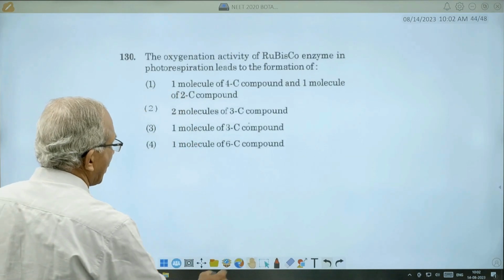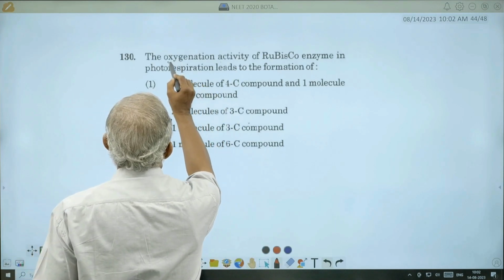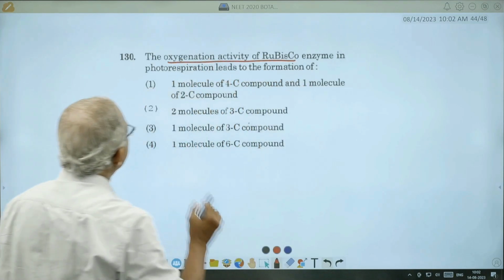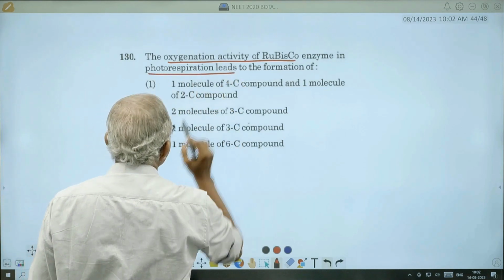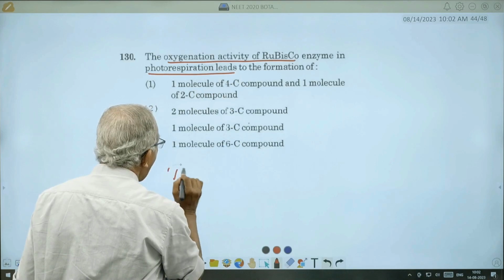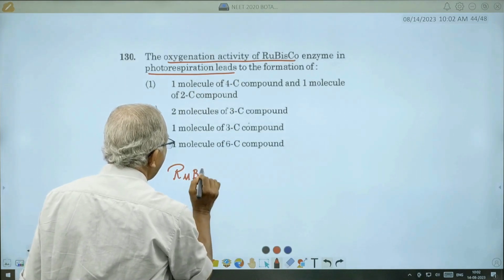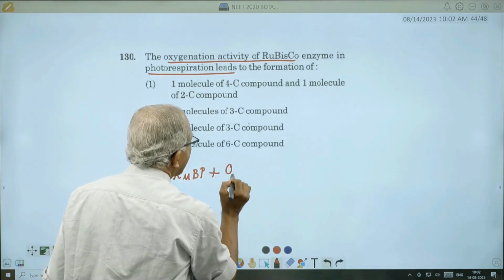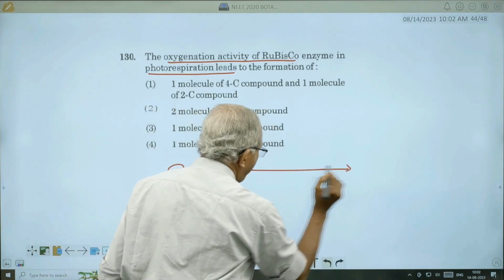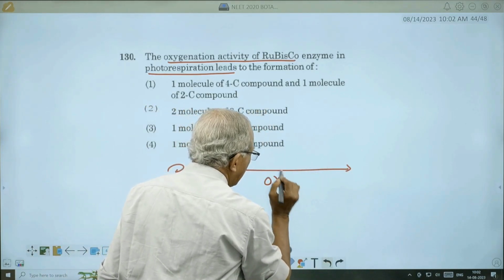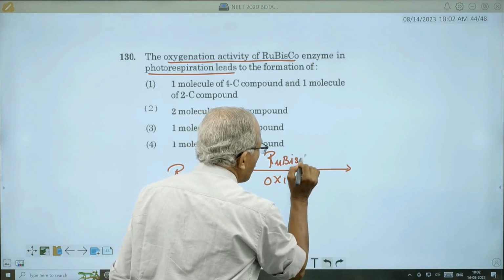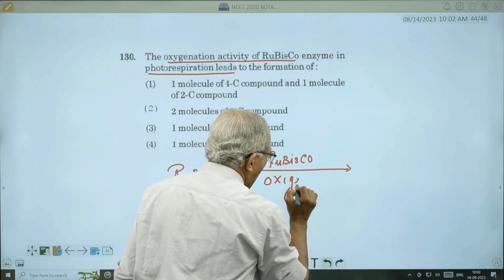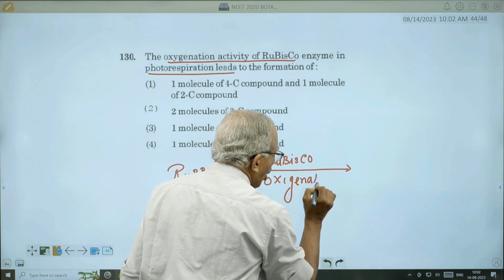Oxygenation activity of rubisco enzyme in photorespiration leads to, that is, when RuBP combines with oxygen, the rubisco acts as oxygenase.